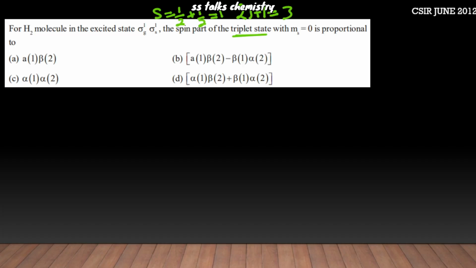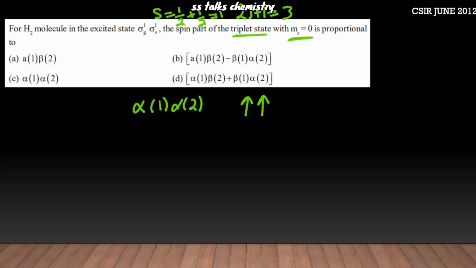With the spin part which has the ms value equal to 0 is proportional to... Okay, so in this triplet state we know the 3 spin parts are symmetric. All of these 3 have different spin values. So we have alpha 1 alpha 2, which represents both in the clockwise, that is, the upward direction.